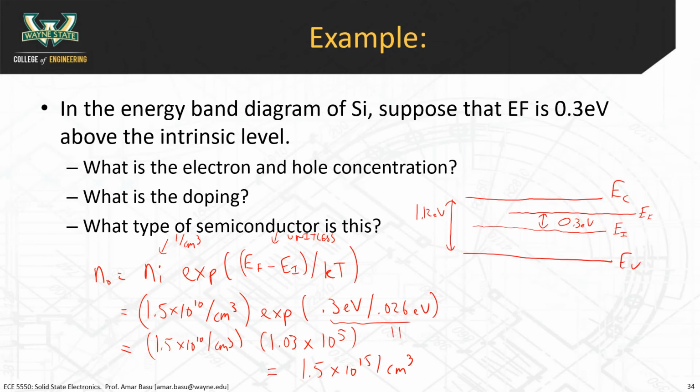And to find the hole concentration, we just use np equals ni squared. So the hole concentration is going to be ni squared over n. So this is 1.5 times 10 to the 10 squared divided by 1.5 times 10 to the 15th.